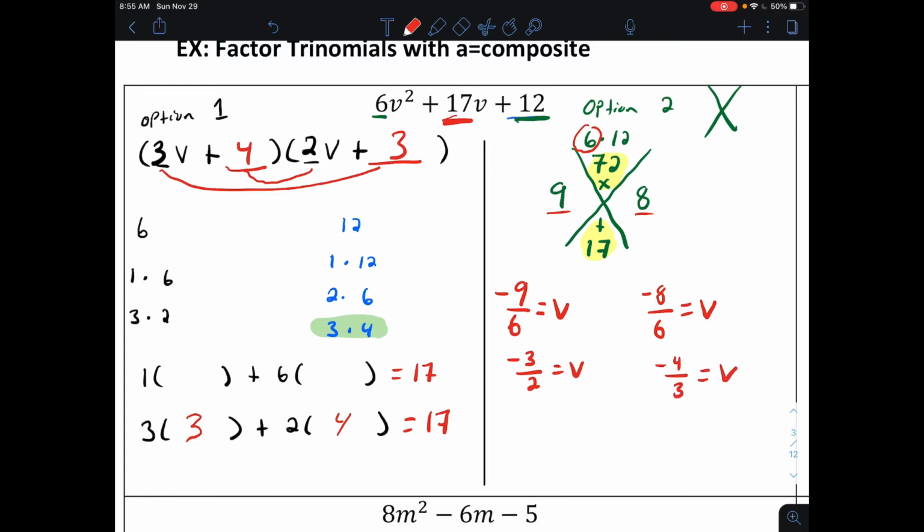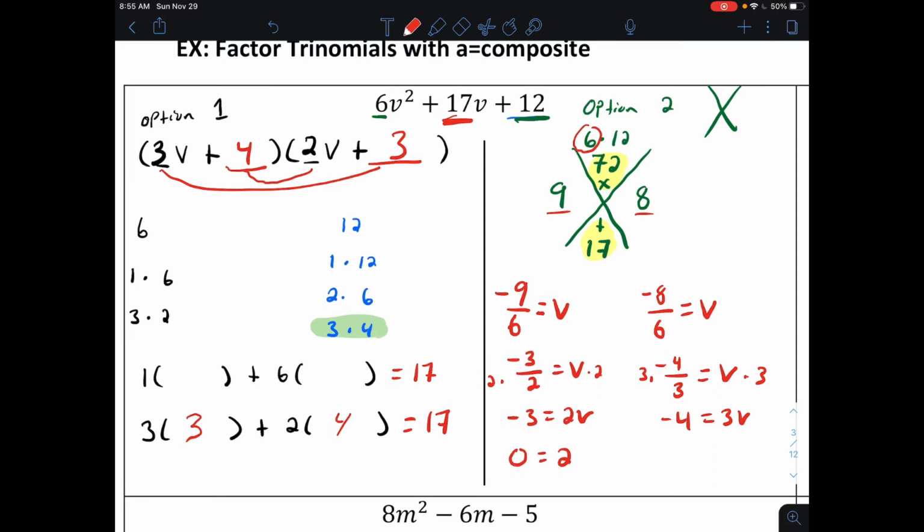And then we're going to multiply by the denominator, so that it's not a fraction on both sides. We're going to do that for both of those, so I'm working both lines at the same time. So I'd have negative 3 is equal to 2v, and negative 4 is equal to 3v. And then we're going to move the number over so that the left side is 0.